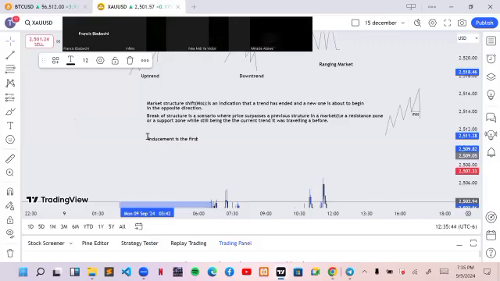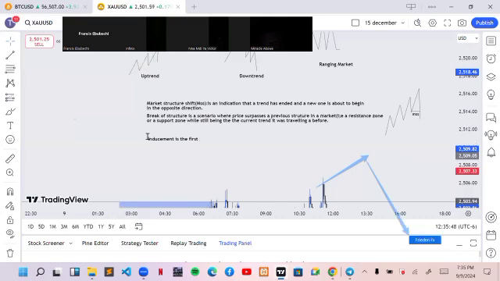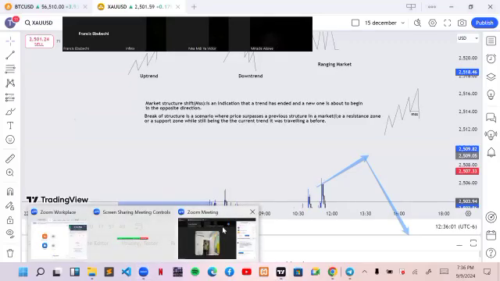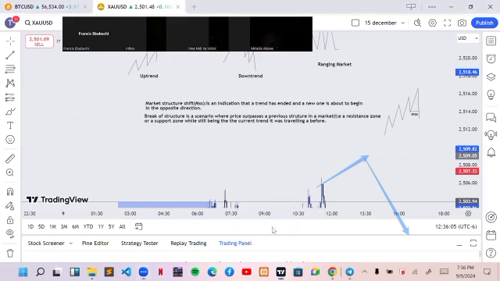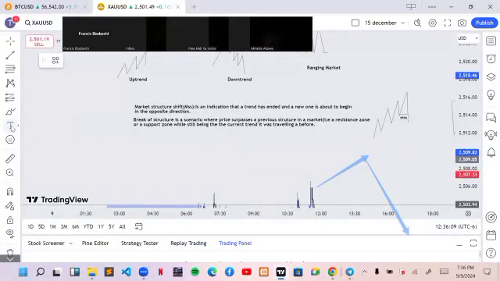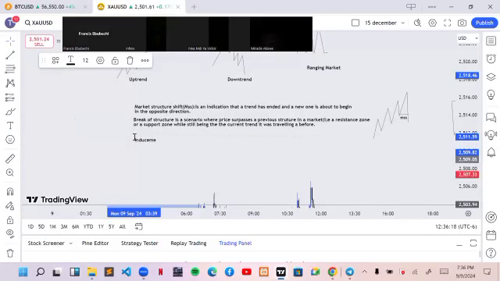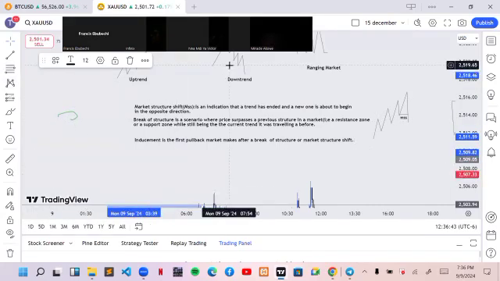Inducement is the first pullback that market makes after there is a break of structure or a market structure shift.